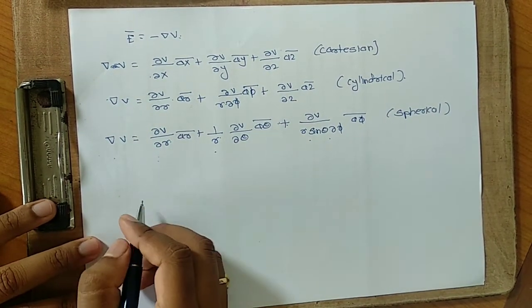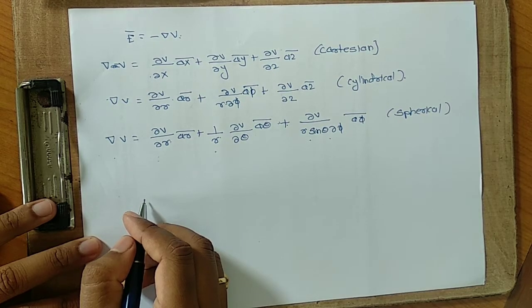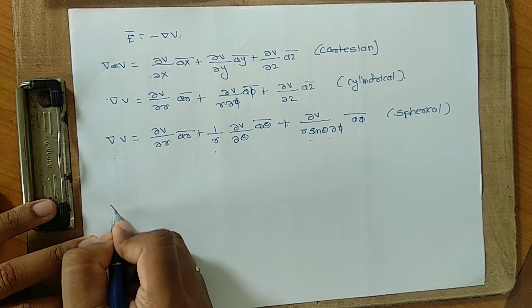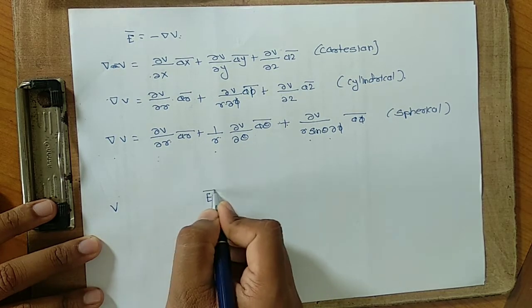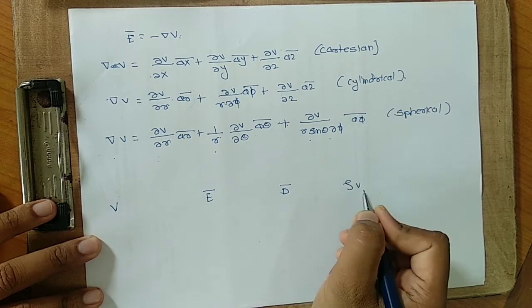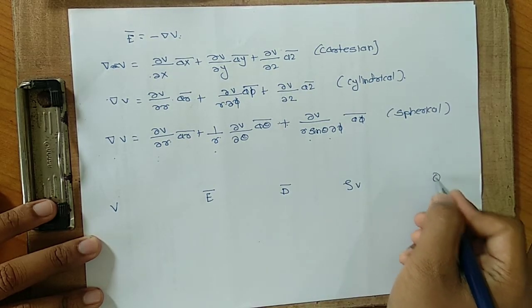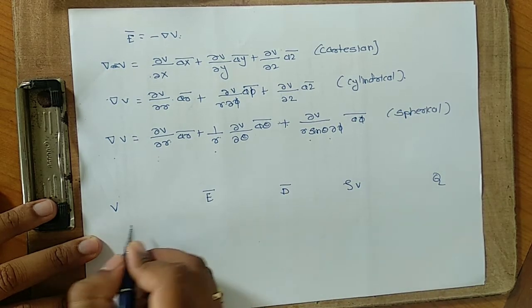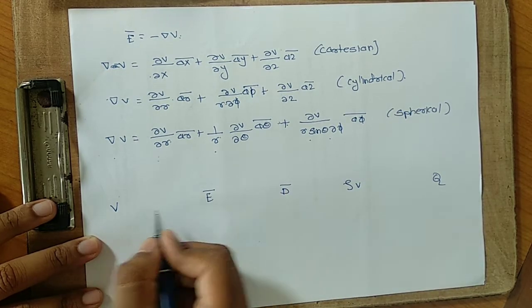Now I have to tell you the relationship between these components: V, E bar, D bar, rho v, and Q, so five components. We have to find the relation between all of them. What is the relation between V and E bar?